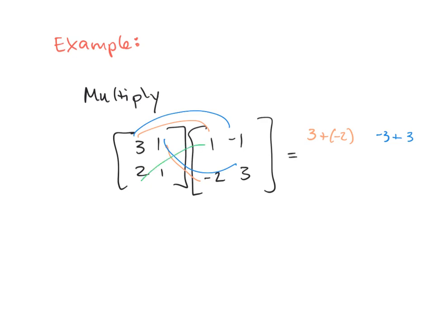Then we'd have 2 times 1 is 2. 1 times negative 2 is negative 2, so plus a negative 2, I guess. And then finally, 2 times negative 1 is negative 2, and 1 times 3 is plus 3. And if you simplify this, you're going to get 1, 0, 0, 1.